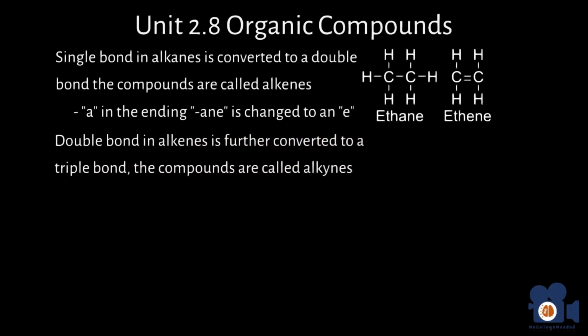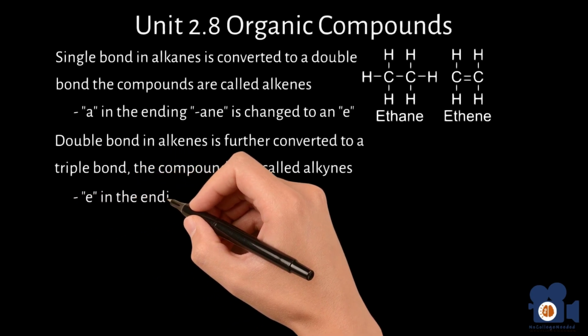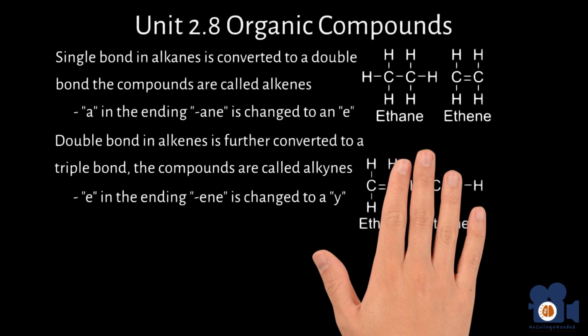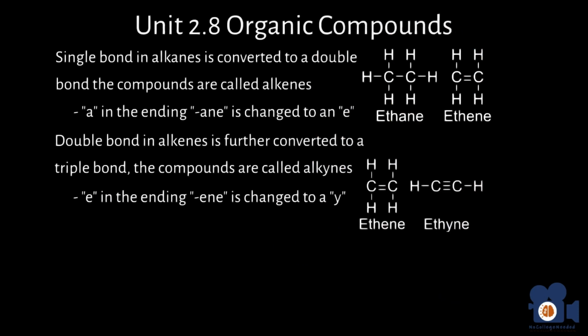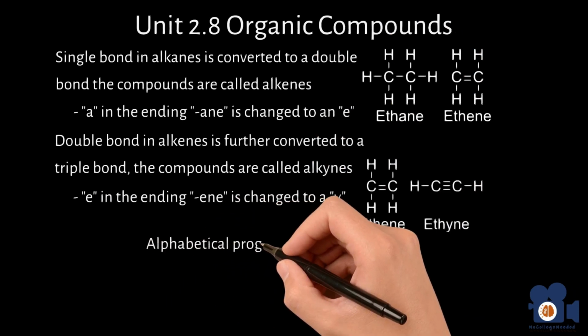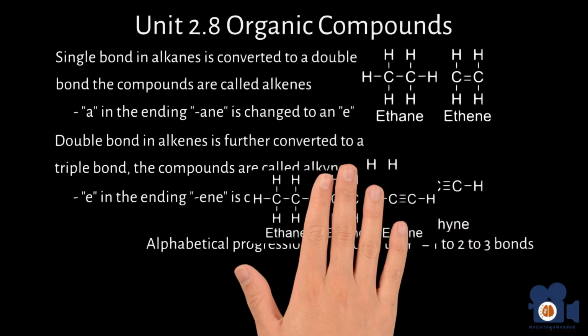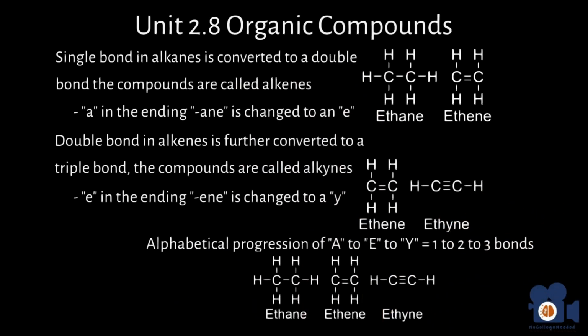In the alkynes, the E ending in -ene is changed to a Y, while the rest of the name remains unchanged. The alphabetical progression of A to E to Y, when going from 1 to 3 bonds, is a helpful mnemonic for remembering the changes in the endings of these hydrocarbon classes.